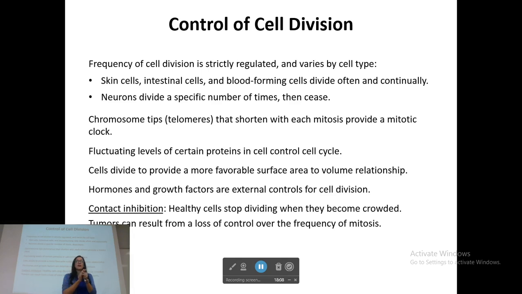They do better if there are other cells around them, but not squeezing them. So with contact inhibition, the healthy cells stop dividing when they become crowded. Tumors result when there is a loss of control over cell division, okay? And there are different factors that can cause that loss of control.